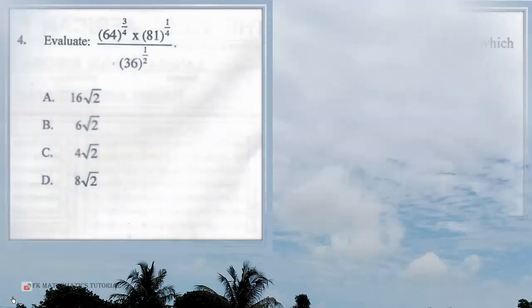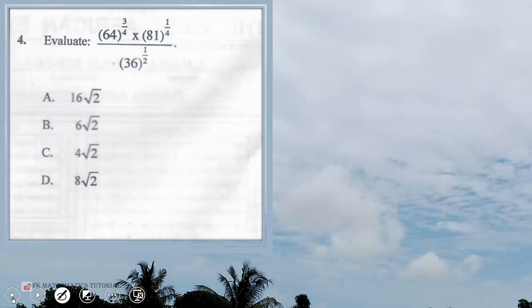So let's proceed to question number 4. We have to evaluate 64 exponent 3 over 4 times 81 exponent 1 over 4, all over 36 exponent half. So this will be equal to 2 exponent 6 times 3 over 4.